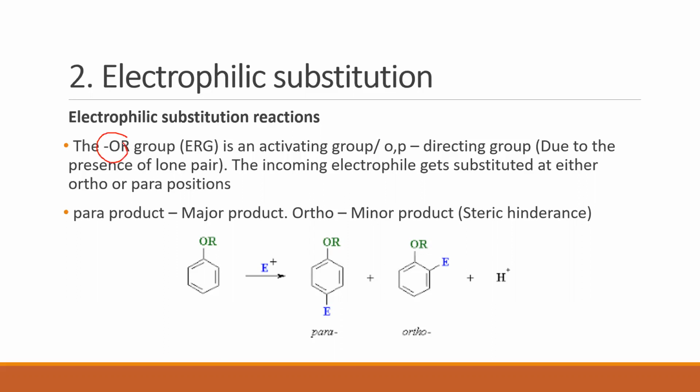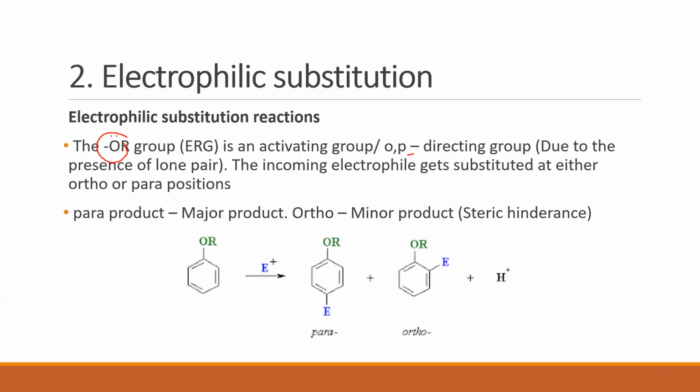The OR group is electron releasing in nature. Why is it electron releasing? Because we generalize this: for any group, if the atom that is attached to benzene, in this case oxygen, has a lone pair, it will always be electron releasing in nature, an ortho-para directing group.